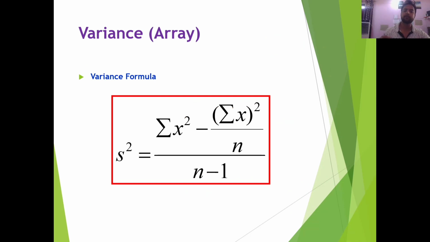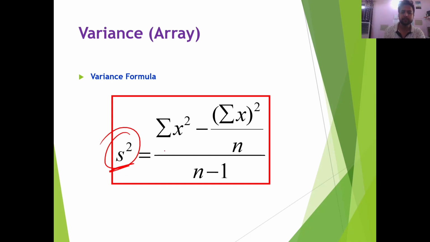Now we are moving to one of the main topics, that is variance. One thing you should know by now is that variance is a measure of the spread or the dispersion. Variance is the square of the standard deviation. Here S shows standard deviation.